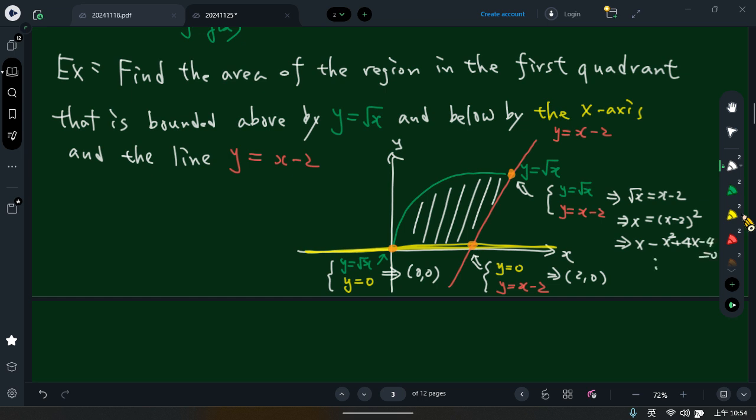So finally, you have x minus 1 times x minus 4 is 0. So x will be 1 or 4.